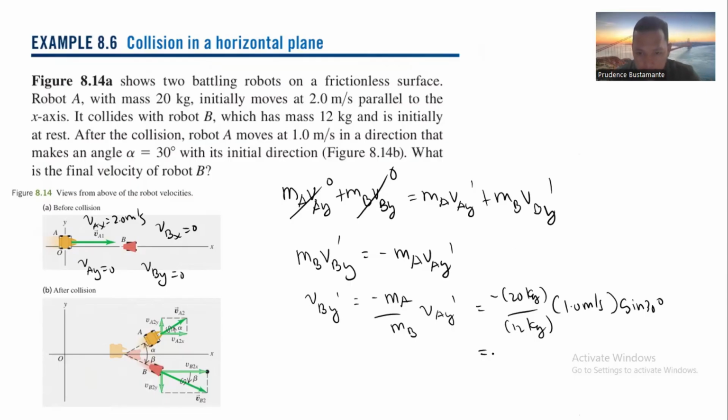So we have negative 0.833 meters per second. So now we are able to get the VBX prime and the VBY prime.